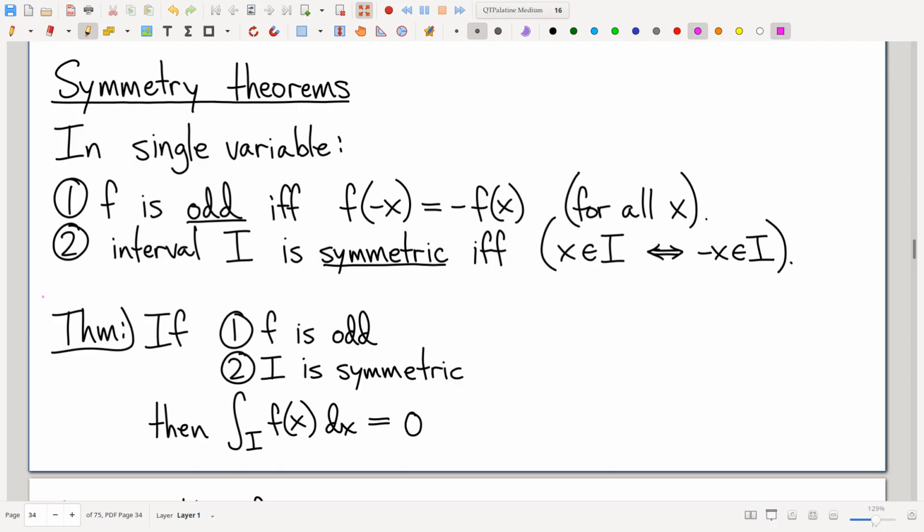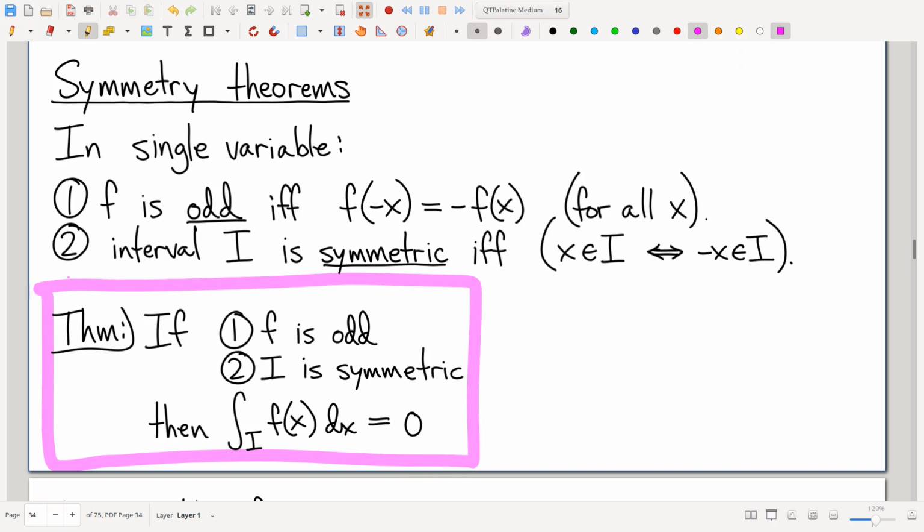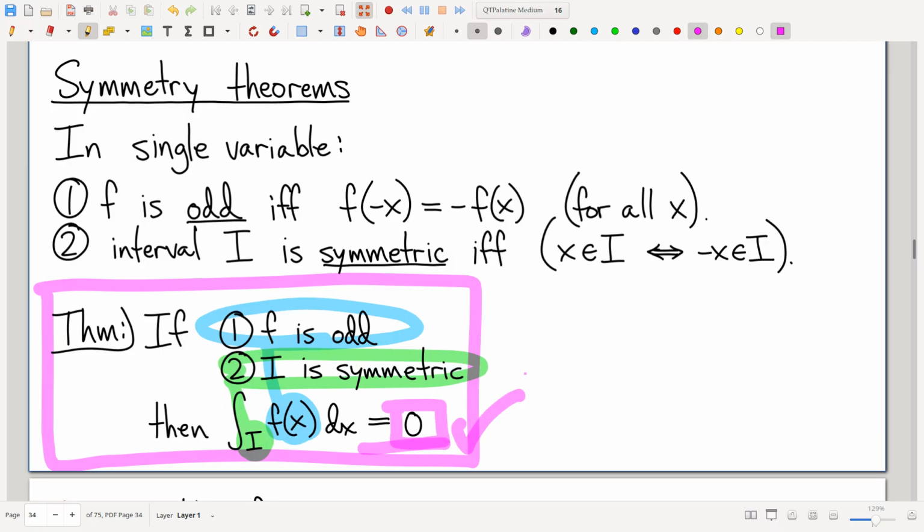And that is, right here, that if you have a symmetric domain over which you're integrating an odd function, then that integral is 0. Now you may have seen this written differently previously.